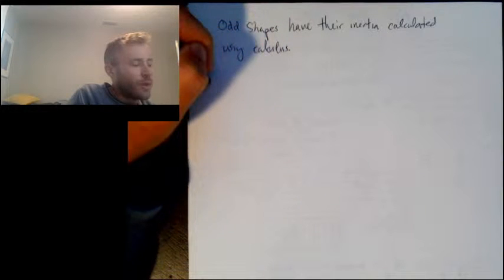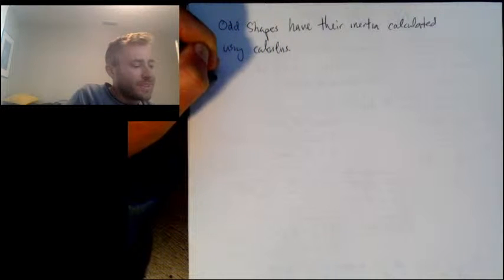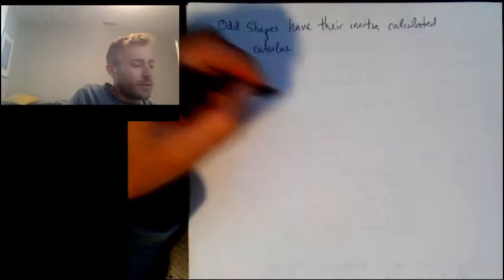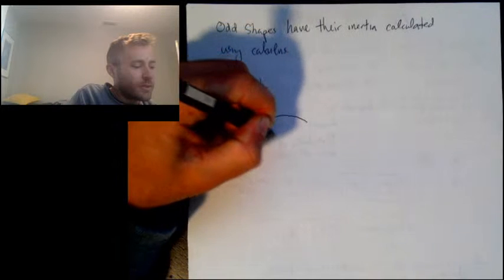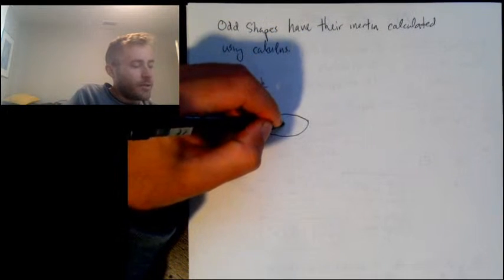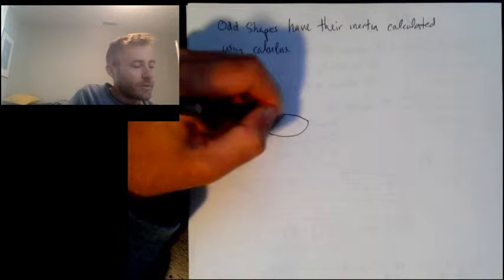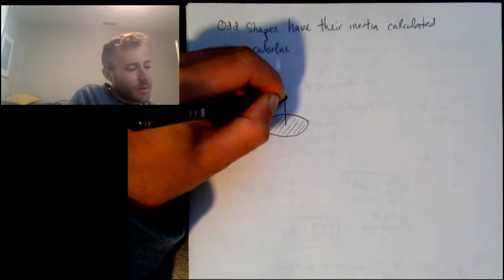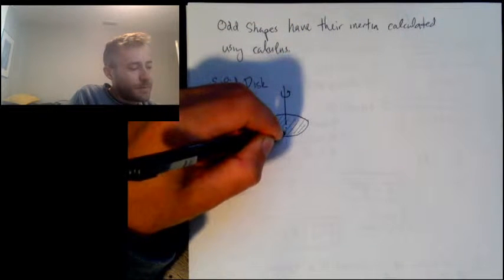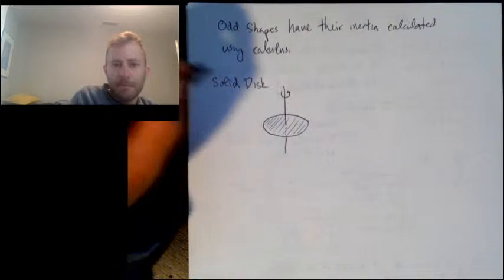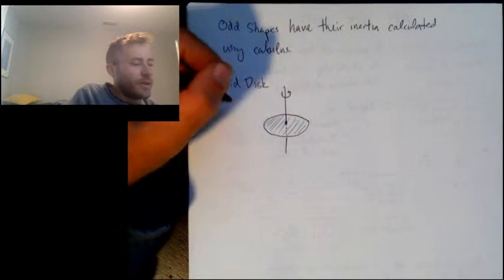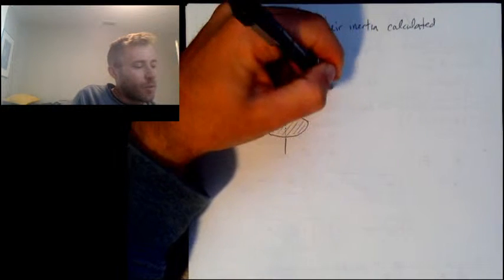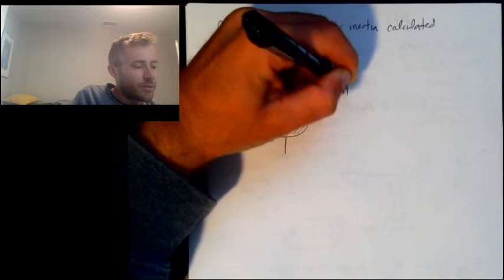For example, what if you have a solid disk, and you rotate that disk about its center, like that? Then the inertia of that solid disk is 1/2 times its mass times its radius squared.